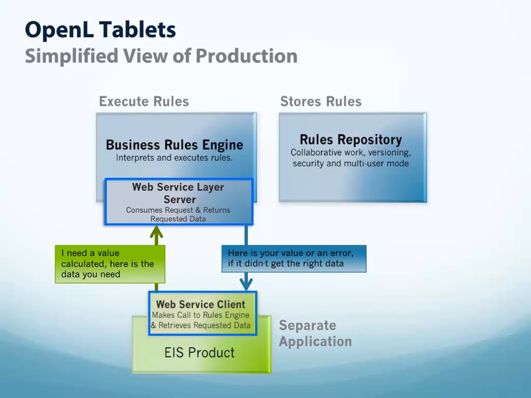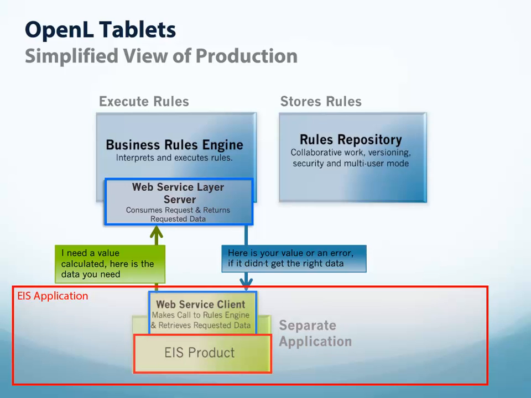In the example you see right here, we have an EIS product that was developed, and it makes a web service call to OpenL to request a value like a premium.